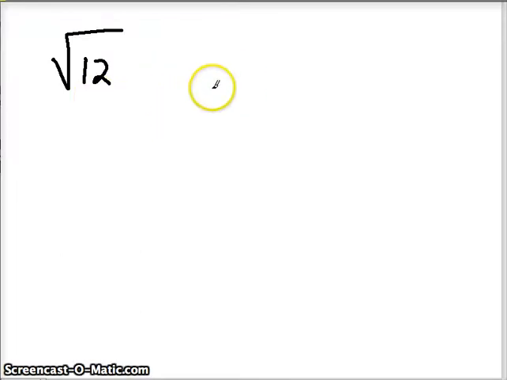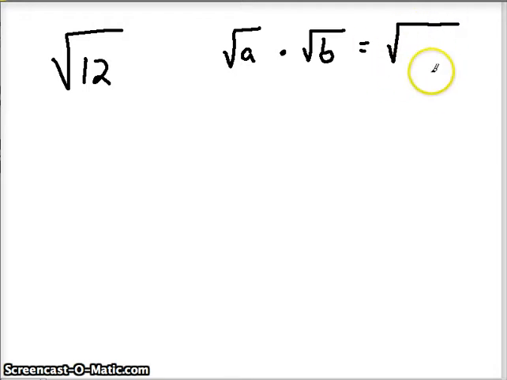And there's a couple rules to go along with square root math. One is that any number under a radical multiplied by another number under a radical, we can rewrite as just putting them both under that same radical. So we would get a times b under one radical.